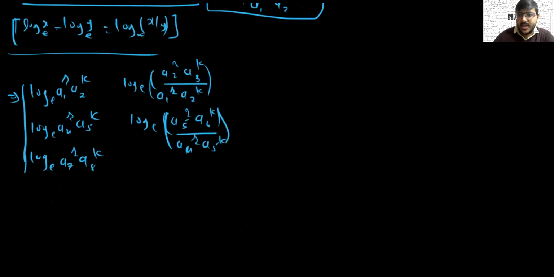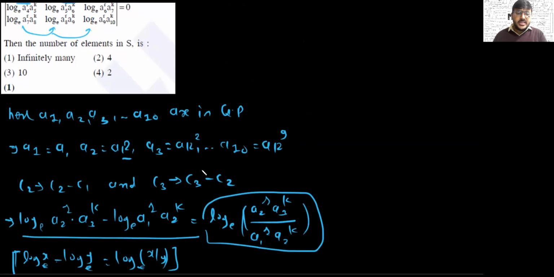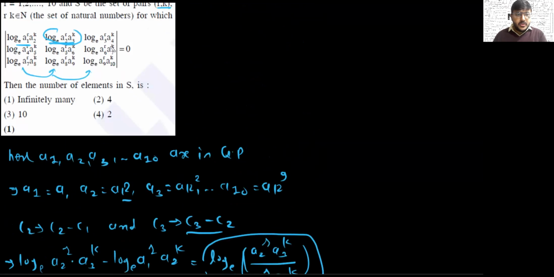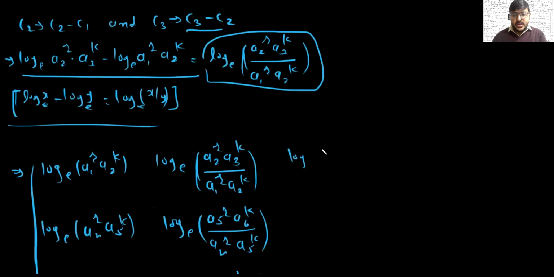So that will be your second column. Now in the same way, what about the third column? As I applied C3 minus C2, it will be log base e of A3 raised to r, A4 raised to k divided by A2 raised to r, A3 raised to k.